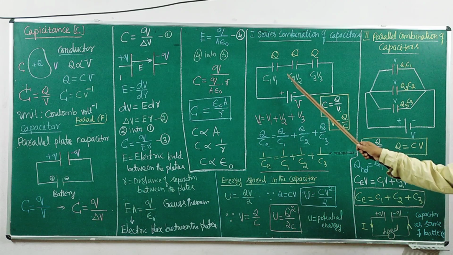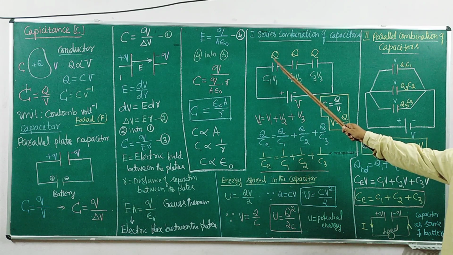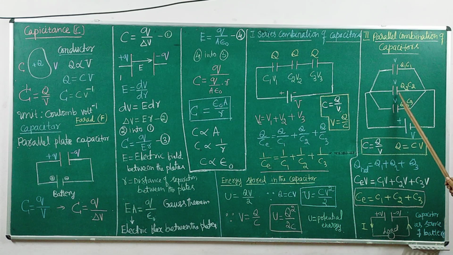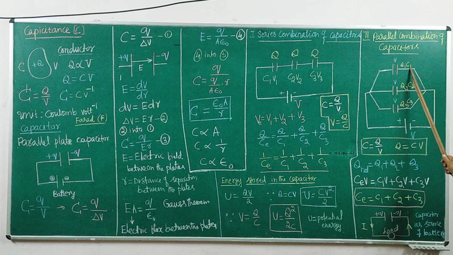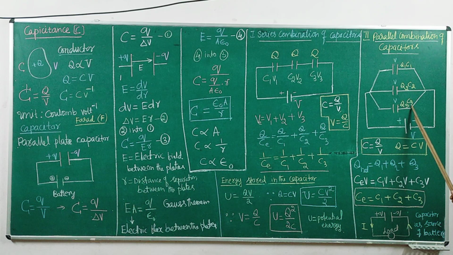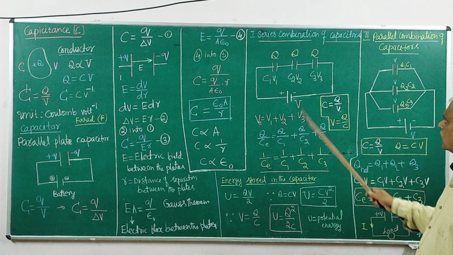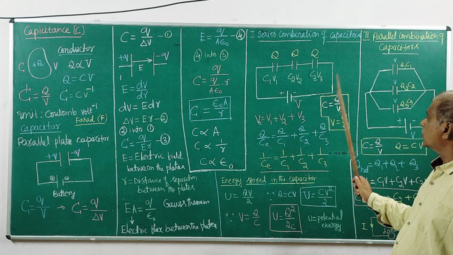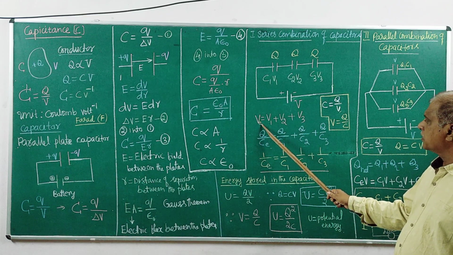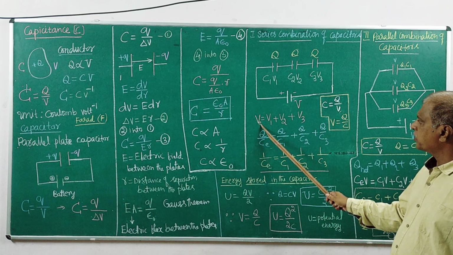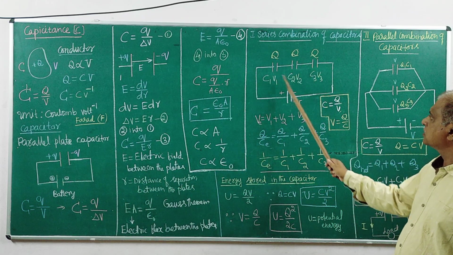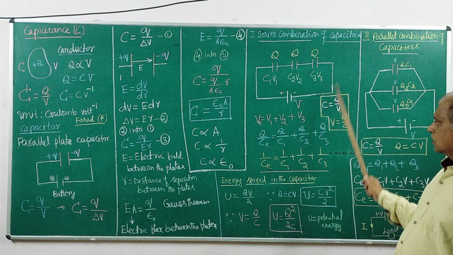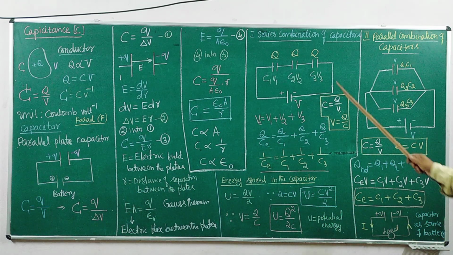Look at the difference. In the series fashion, each capacitor acquires the same charge. Here, each capacitor will have the same potential, but different charge, different capacitance. The net potential of the series circuit is equal to the sum of all the potentials, the usual summation.